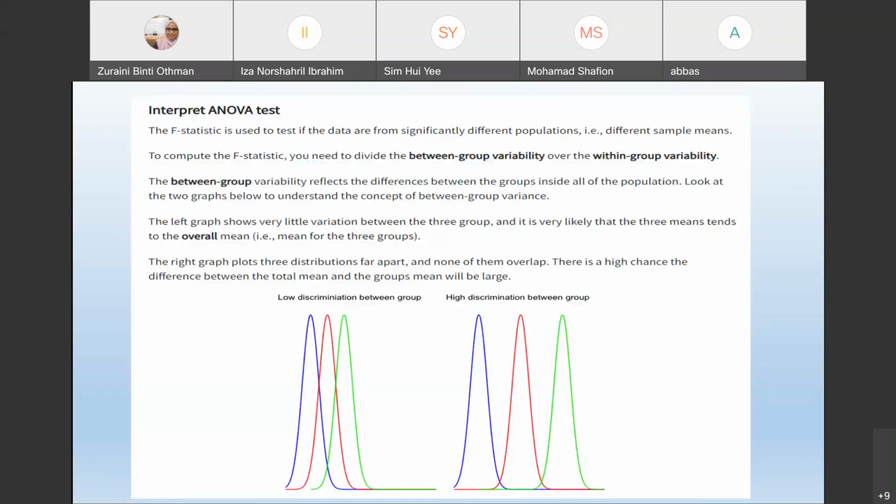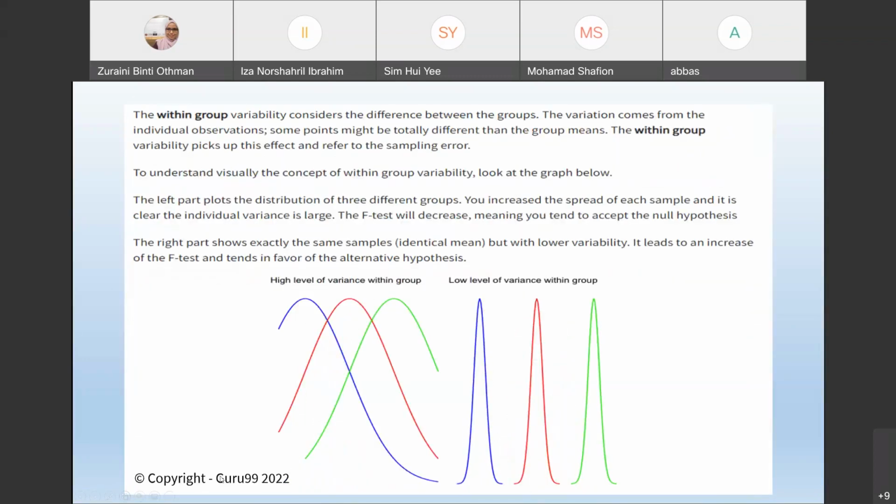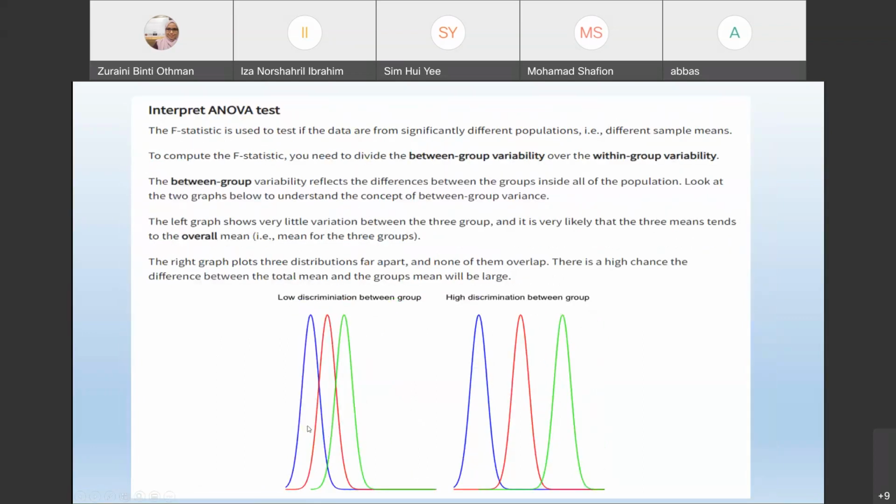This is from Guru99, the website Guru99. I think this is a good explanation of what the F statistic is. We use it to test if the data are from significantly different populations. We want to know the F statistic.